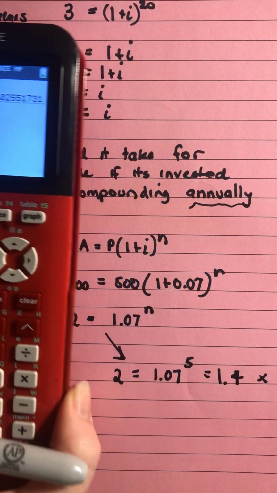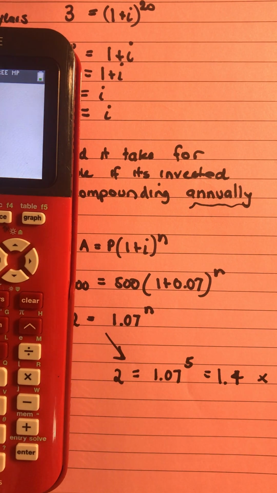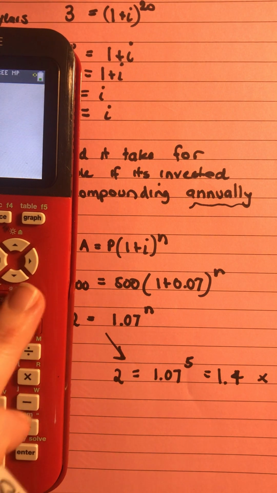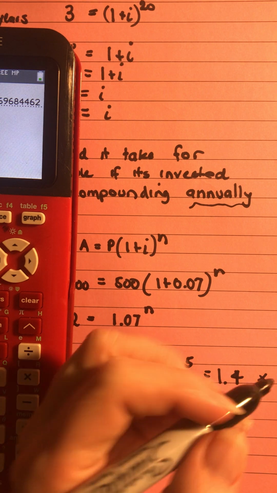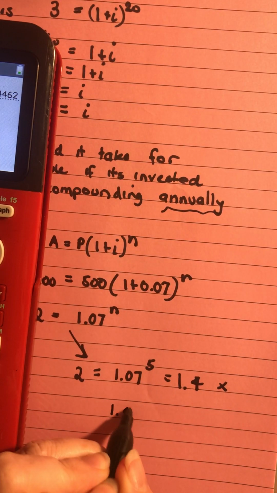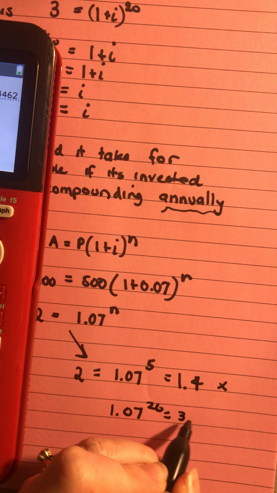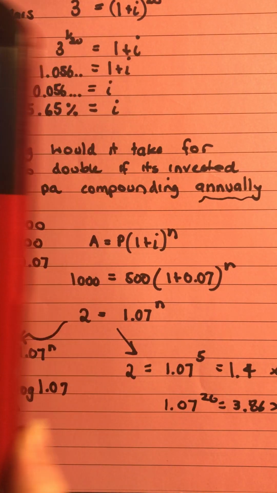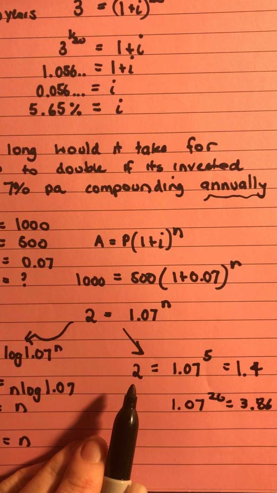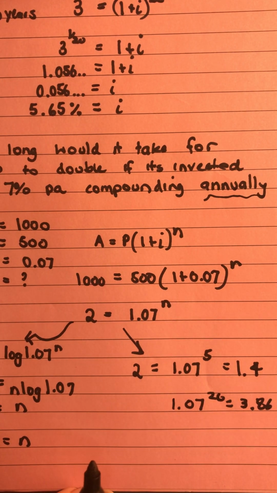So we might go to the power of 20, or you might keep going up in ones if you want. And we get 3.86. And so that's too big. So then we would come down and you would work your way till you got as close to 2 as you could. And then round to the nearest year.